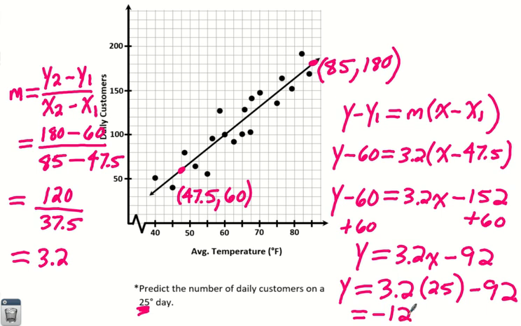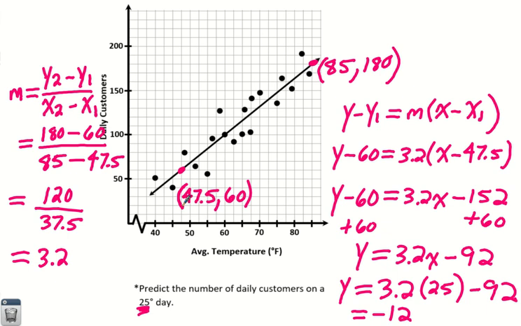I'm getting negative 12. So on a 25-degree day, we could expect and predict negative 12 customers, which admittedly doesn't actually make any sense. So once again, real-life math, not always perfect, not always an exact science. So this equation doesn't really make sense all the time. It certainly doesn't make any sense when the temperatures get as low as 25 degrees.